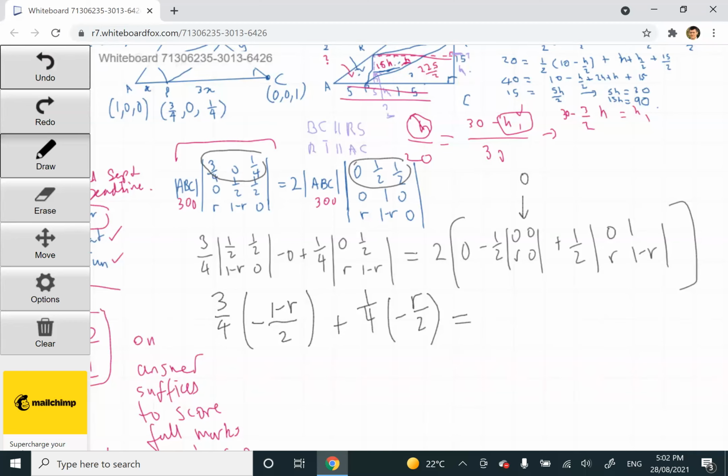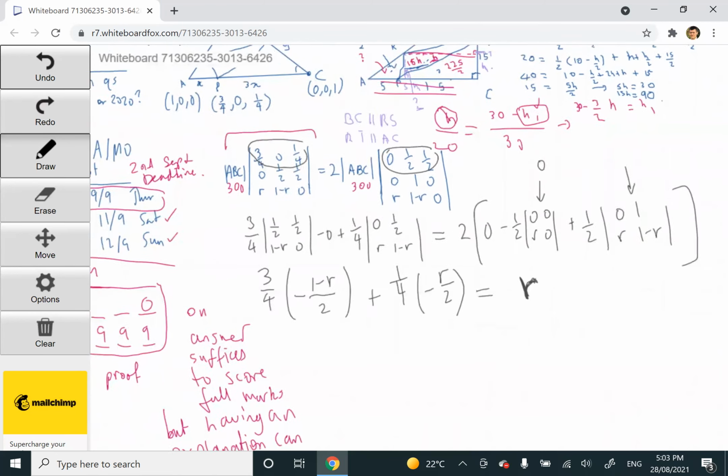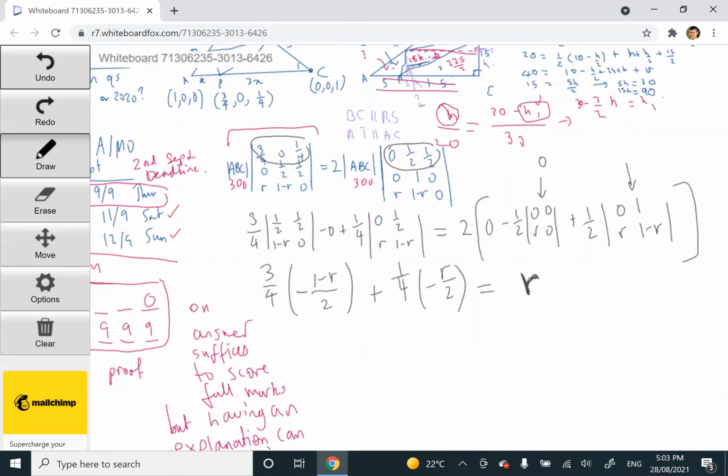And the 2 times a half cancels, so we just get R, I think, here. That's very strange. Just get R, yeah? So we know the final answer is going to be 300 times R, right?